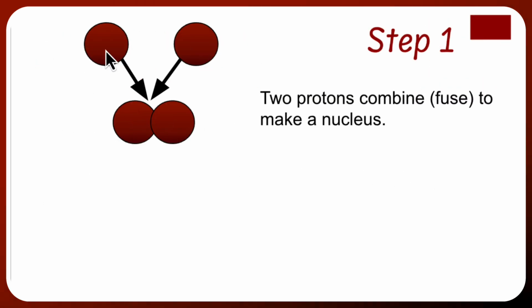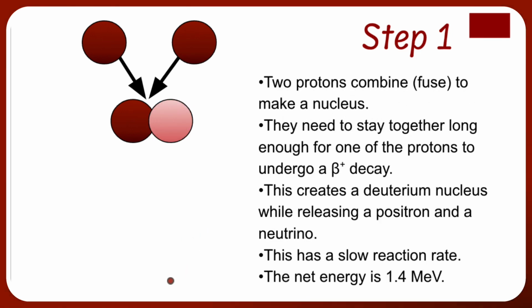Okay, so this red circle here is to be my proton. You can see I have 2 of them together, and they have to come in contact, as we said, and we're going to make sure that there's enough energy for them to fuse together. But we're not done there.